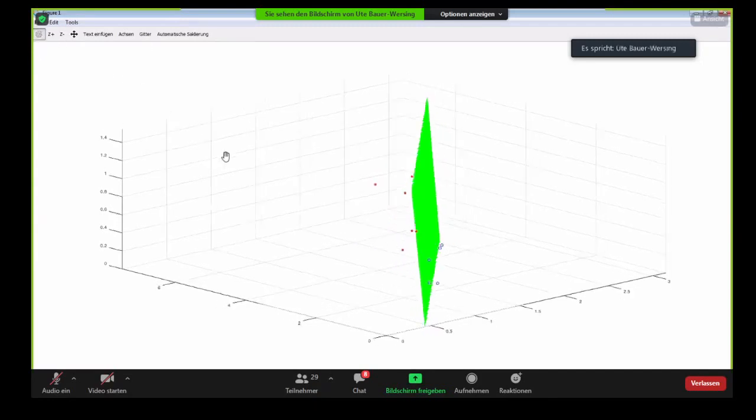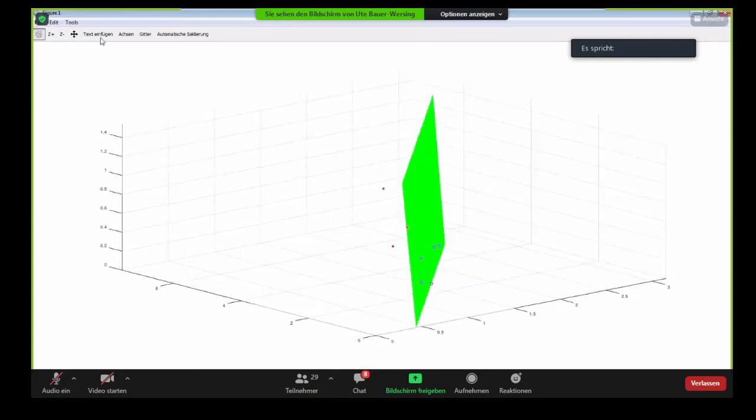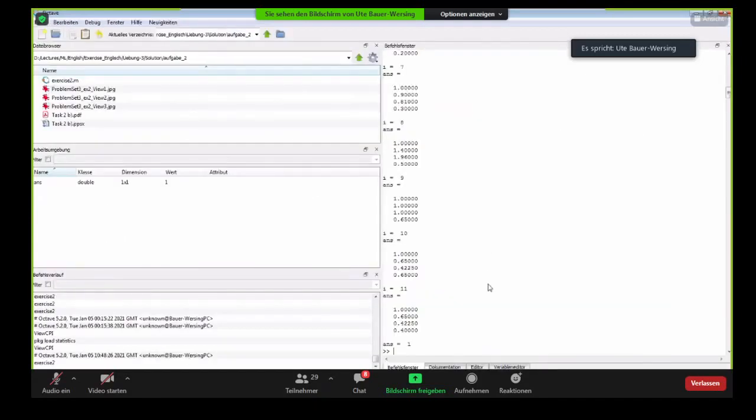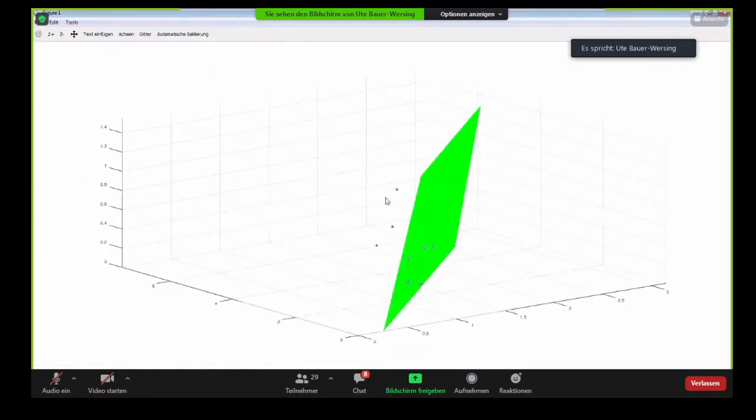What you see now is a 3D plot, much easier to understand. So we have x1, x2, and x1 squared.